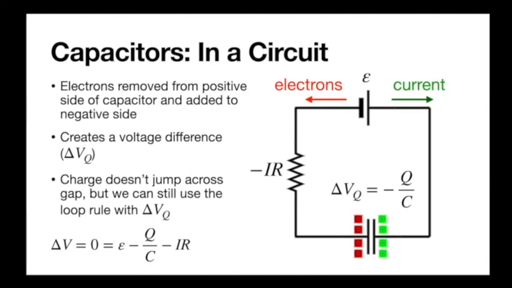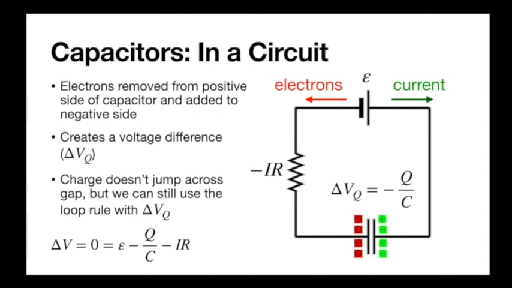Because this side has an excess positive, this side has excess negative. That tells us what the difference in voltage is between them. So I get a voltage drop across here, that's minus Q over C, and then I get another voltage drop across the resistor, just like in the olden days. So we can still use our loop rule just fine, except now we have a new element, and its voltage drop goes according to this relationship.